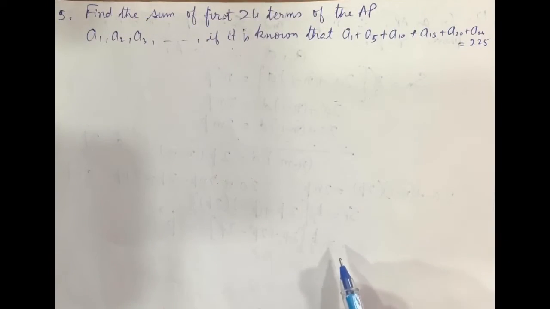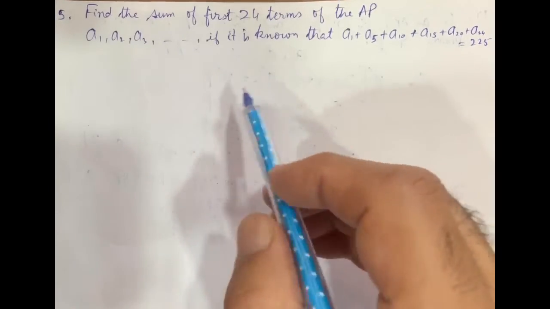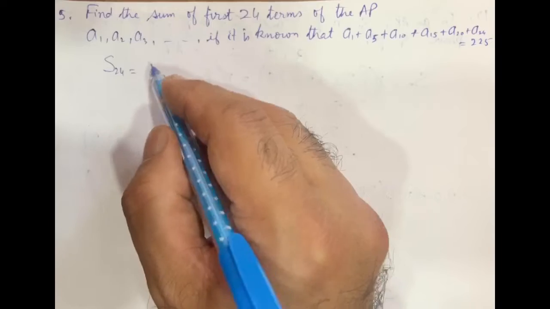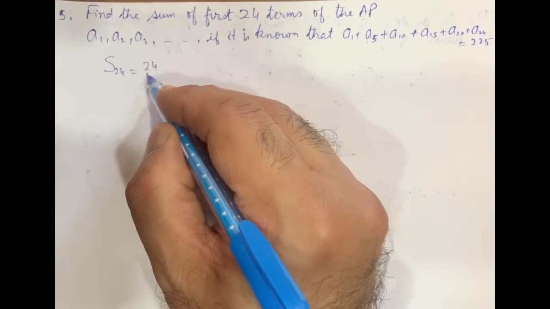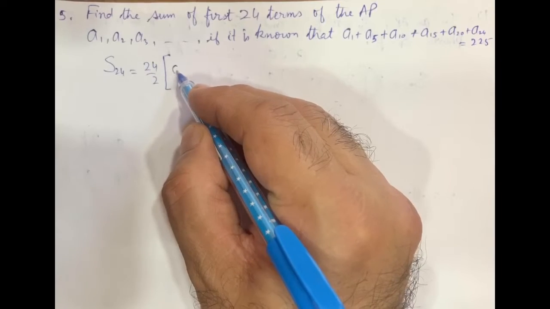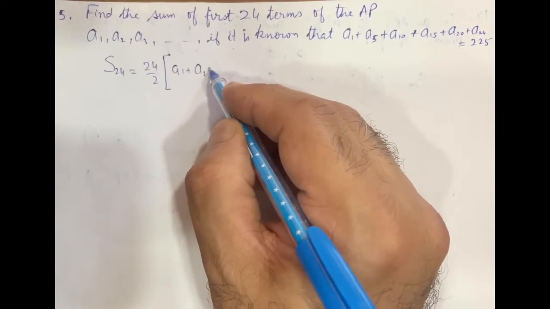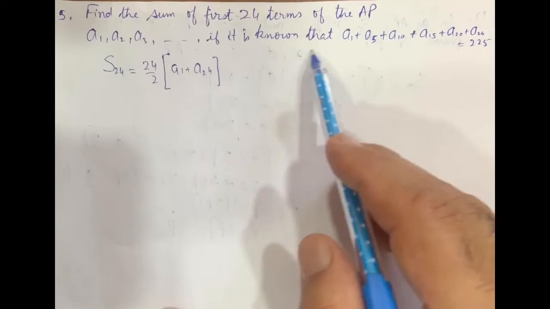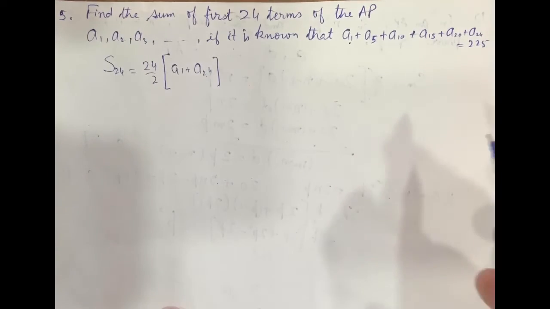Next question, we have to find the sum of first 24 terms. So sum of first 24 terms means 24 by 2 into first term plus last term. And to evaluate this, we are given this relation.